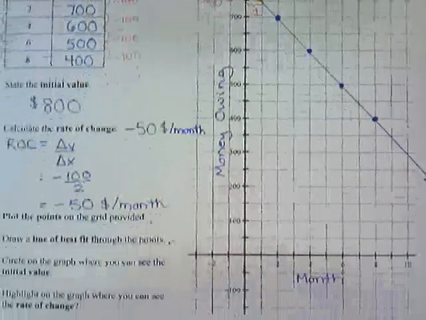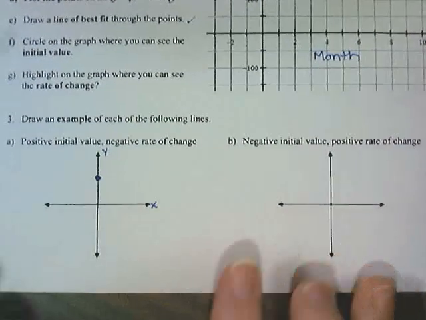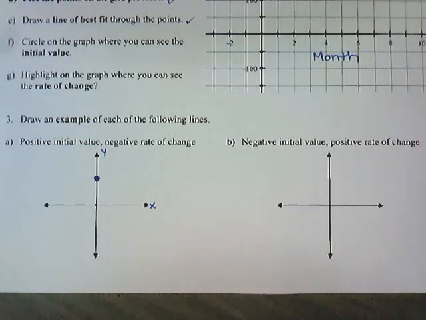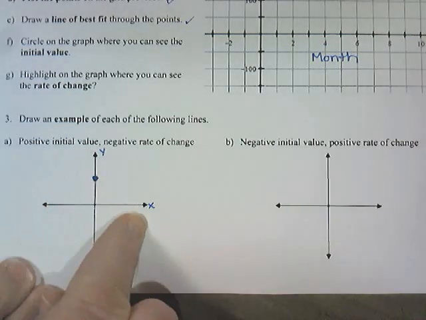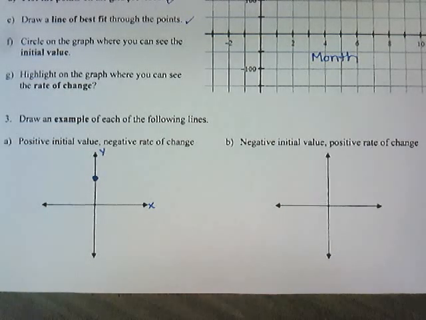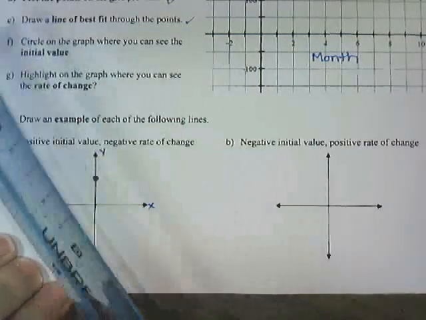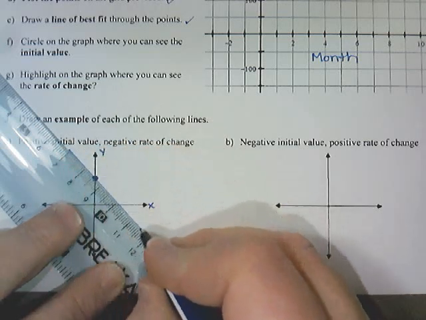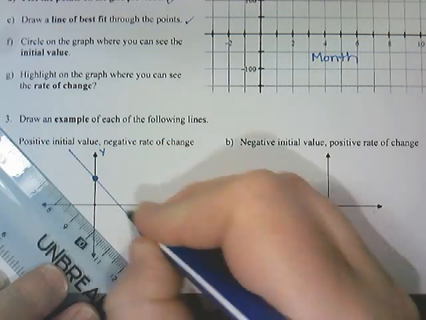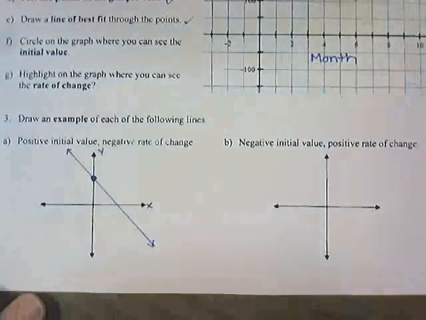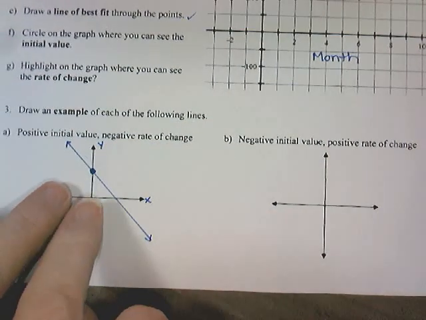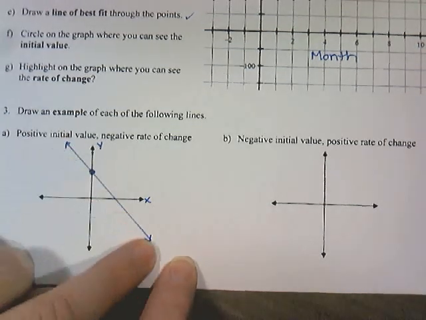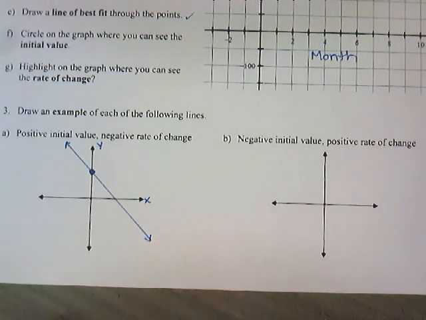So when something has a positive rate of change, the line should be going up from left to right. And if it has a negative rate of change, it should be going down from left to right. So since this has a negative rate of change, my line should be going down. It doesn't matter how steep I made it. It just needed to have a positive initial value and then needed to be heading down as you go from left to right.